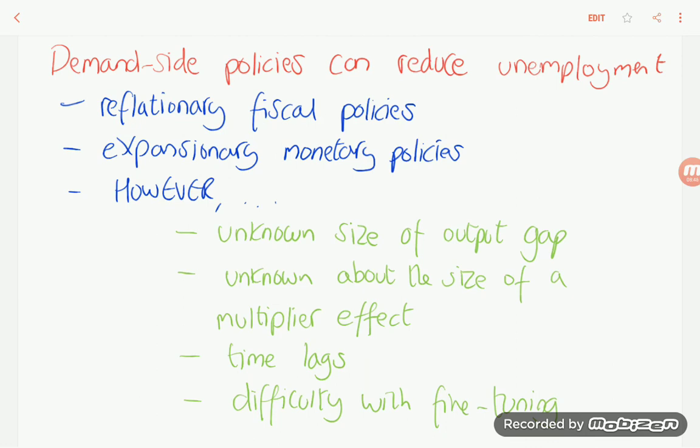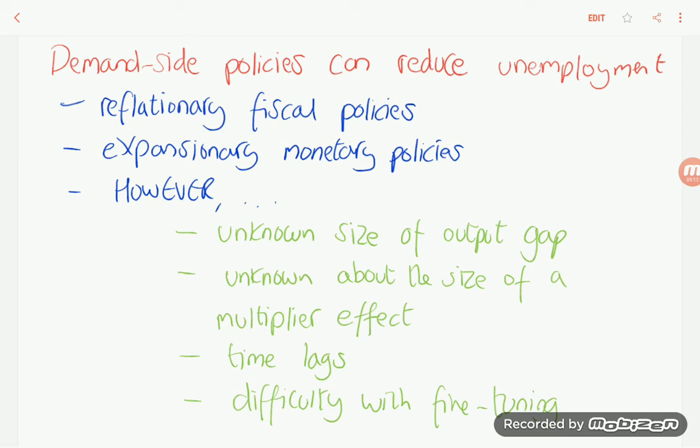Demand-side policies can reduce cyclical unemployment. Economists argue that over the theory of how an economy works, governments have to get on with the practical business of making the policies. Here's some of the issues they face and the solutions that they can try to use. To reduce unemployment, governments need to understand what type of unemployment they're trying to tackle.